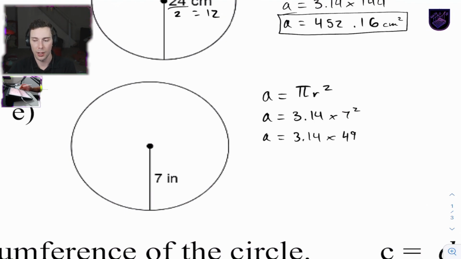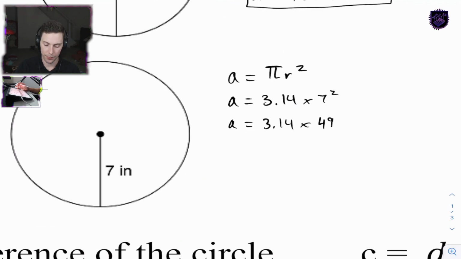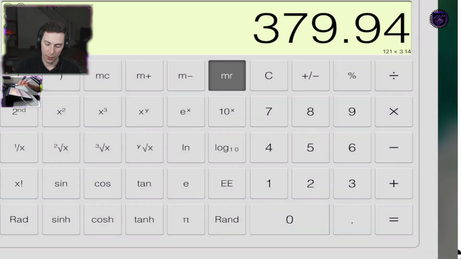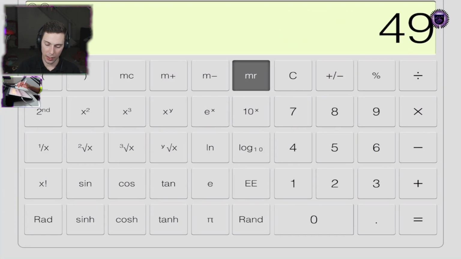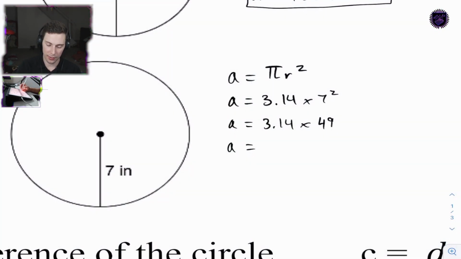Area is equal to 49 times 3.14, 153.86. 153.86 inches squared.